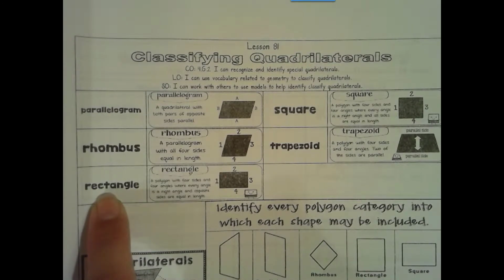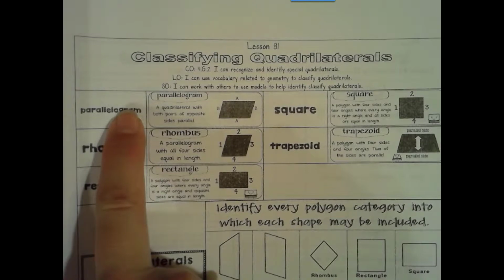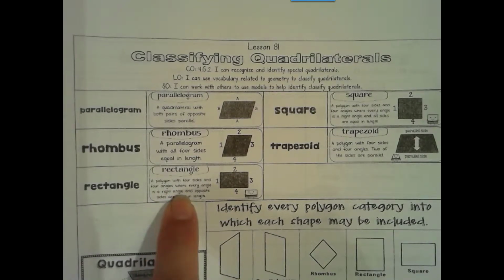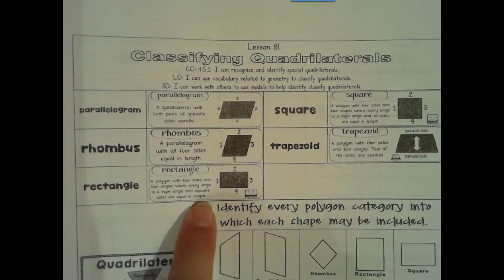A rectangle is also a special parallelogram. It's a polygon with 4 sides and 4 angles where every angle is a right angle and opposite sides are equal in length. So it is a parallelogram. Opposite sides are parallel. All 4 angles are right angles.